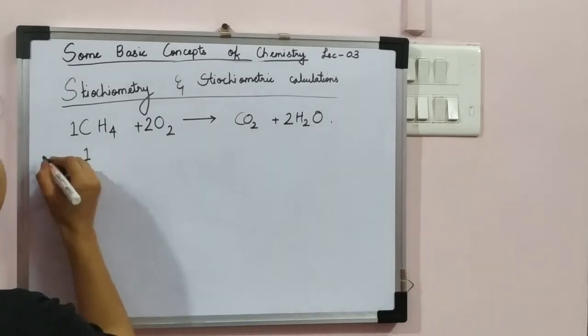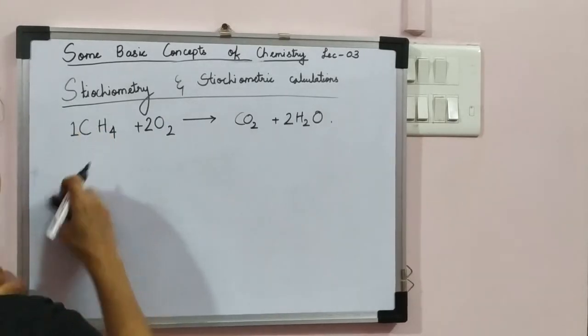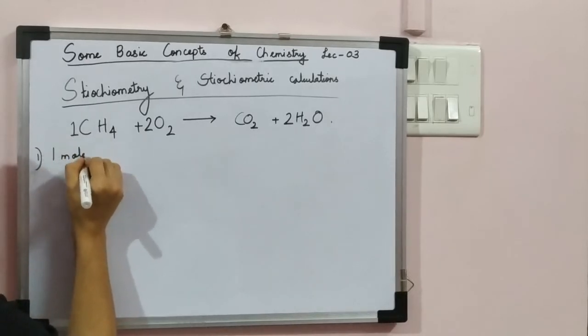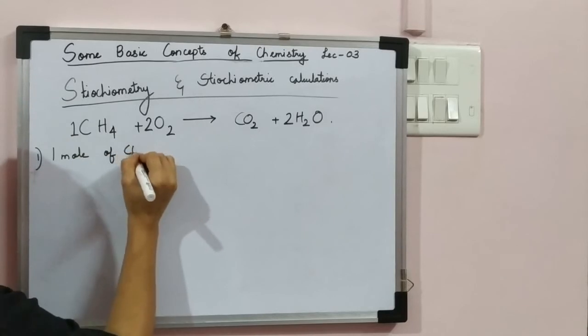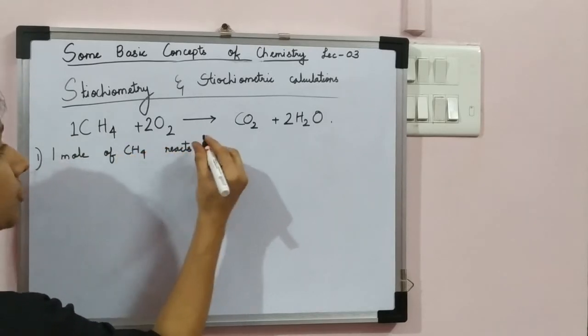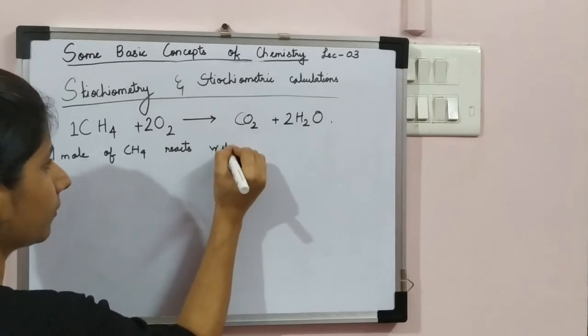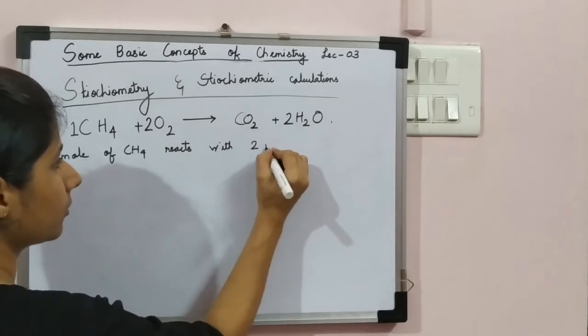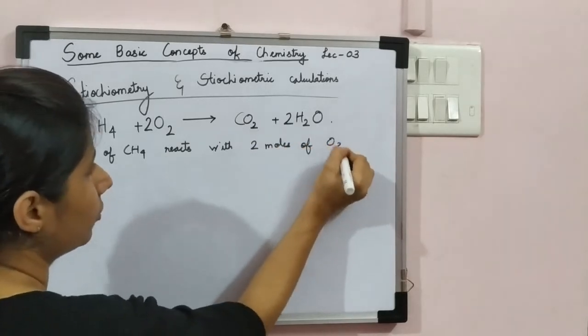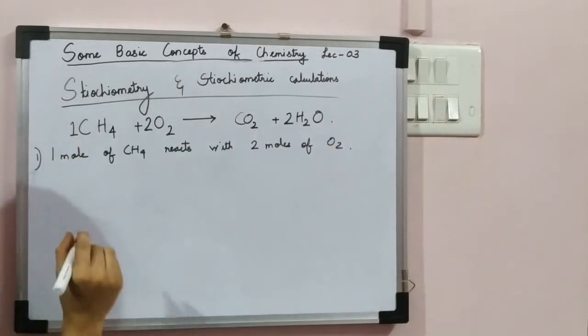Now I will write 4 statements. Okay? So the first statement is 1 mole of methane reacts with 2 moles of oxygen molecule to give us carbon dioxide and water.